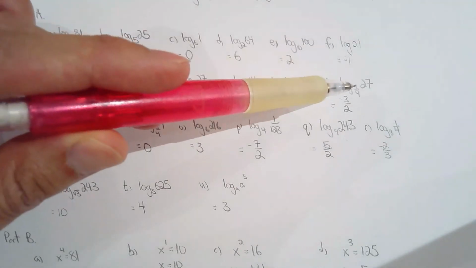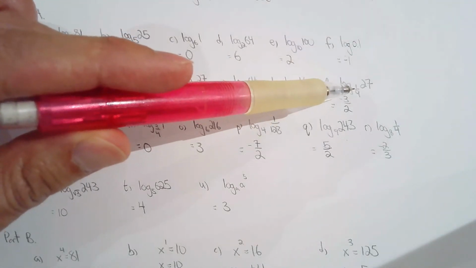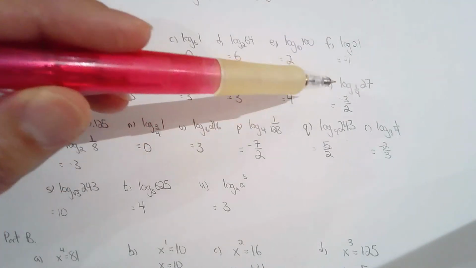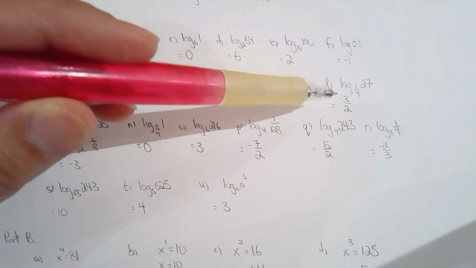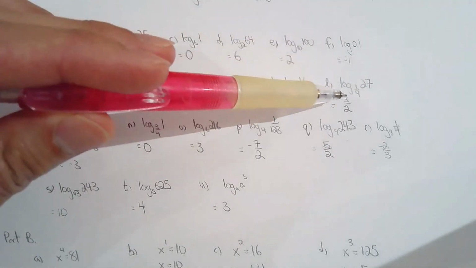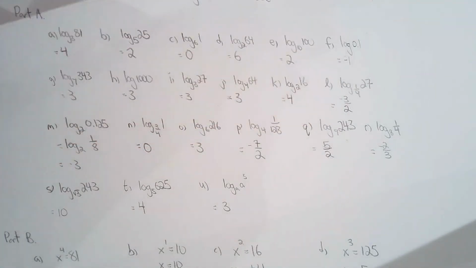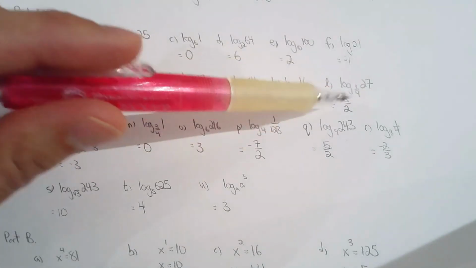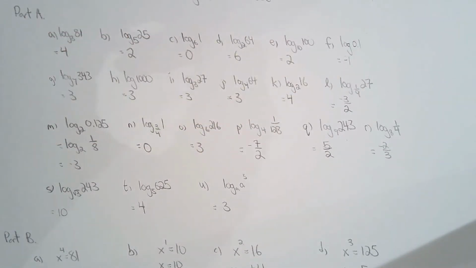So hopefully you know that because you want to get 27 from a base of 1 over 9, you want the exponent to be negative, and you want it to be 3 over 2 because you want to square root the 9 and then cube it. So it would really help if you had your knowledge of rational exponents here. And that's something you learn in grade 11.